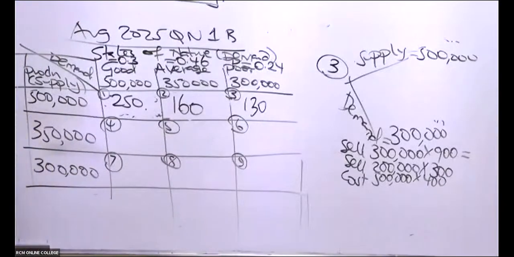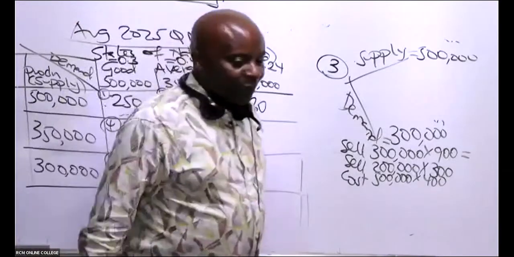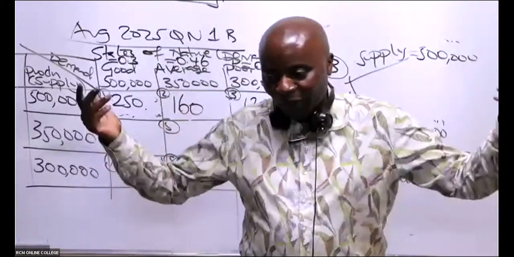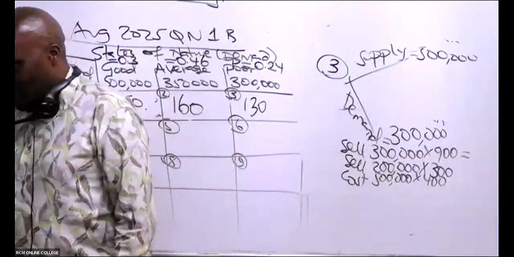You must have forgotten to subtract the opportunity cost for the umbrellas that people came to ask for and you told them none. When you tell someone none, they go to buy elsewhere. You lose goodwill.